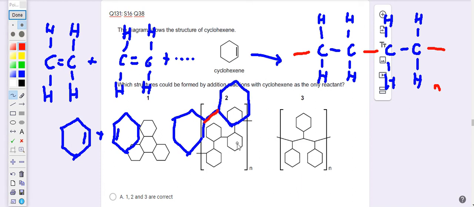So can you imagine if you have another one, then they can form a compound like this. Sorry, not this.